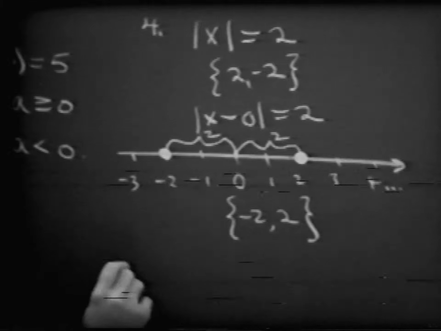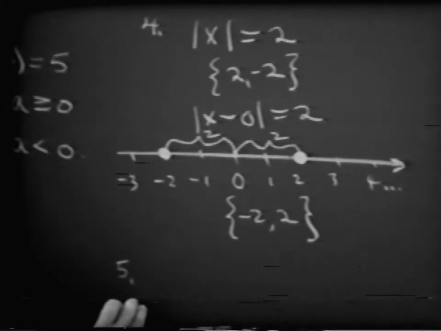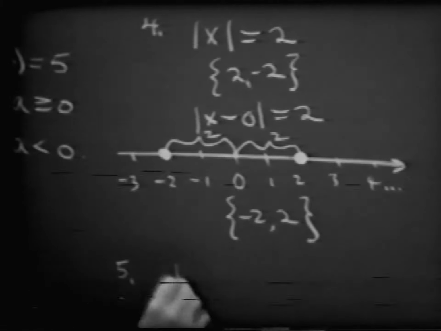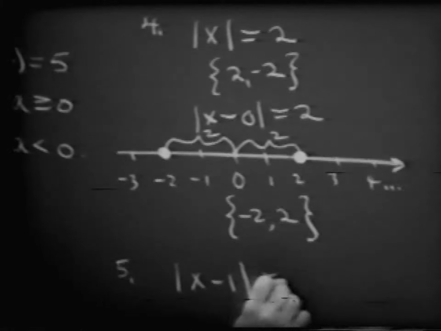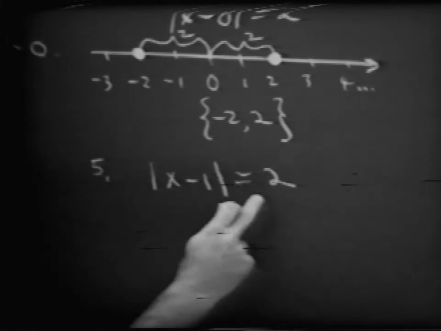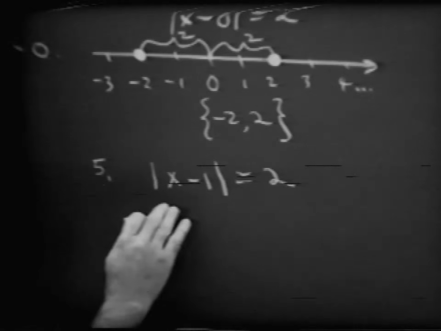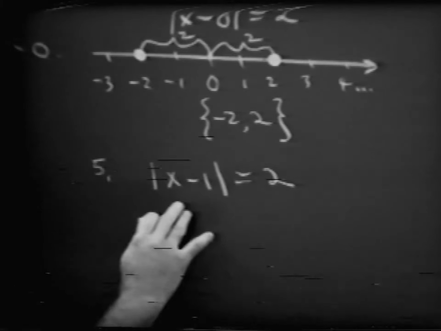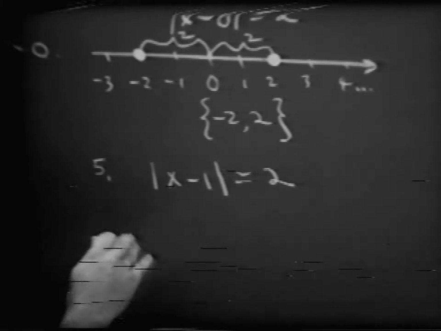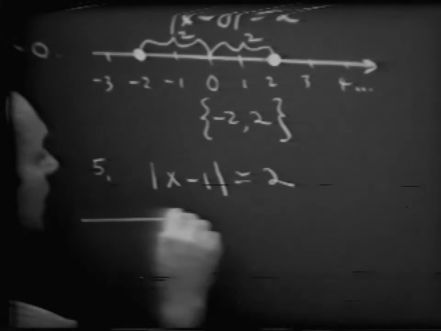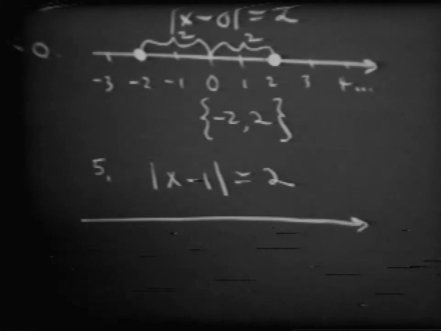All right, let's look then at another example. Instead of having, say, the absolute value of x, let's write the absolute value of x minus 1 is equal to 2. Now, from the first one, it was quite obvious just by looking at the sentence what the solution set was, but perhaps without making it too complicated, one's intuition fails.